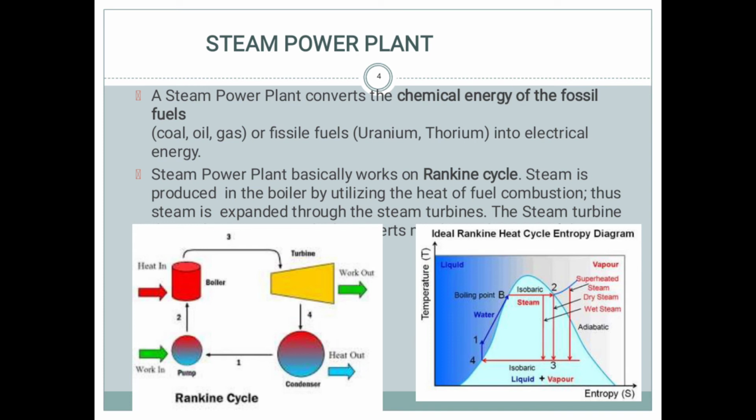In the first process, heat is supplied to the water, then the pressure and temperature increase from T1 to T2 and P1 to P2.